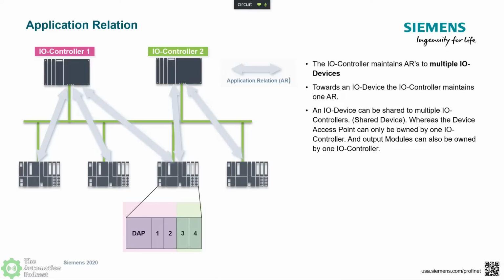That's a typical use case for that. And then we have a feature called shared input. When you have input data on a device, this input data can also be shared amongst more than one controller. Output data, it's not possible because that makes no sense.